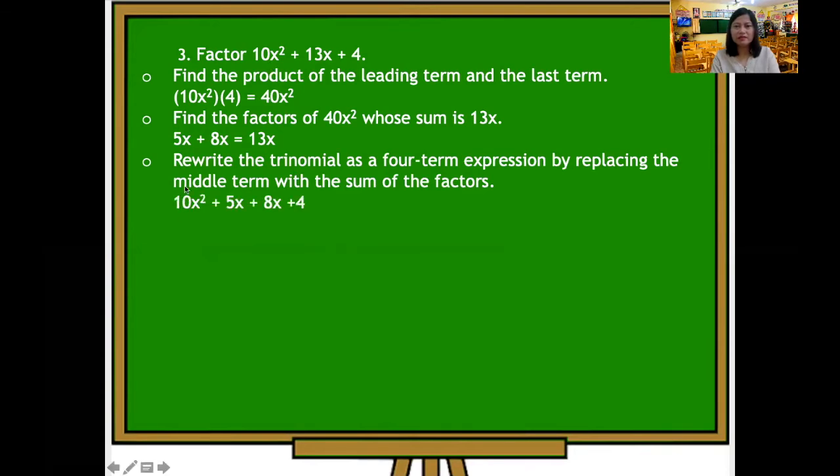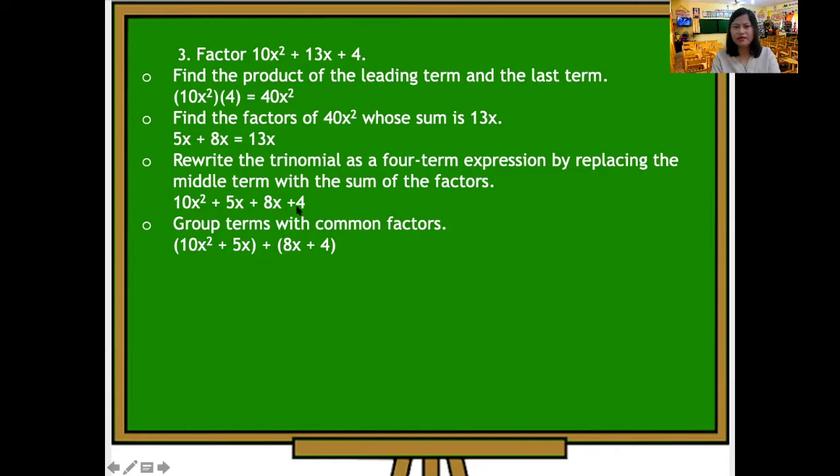Copy 10x squared, 13x replaced by 5x plus 8x. Copy 4. Then we group them. First and second terms group as 1.